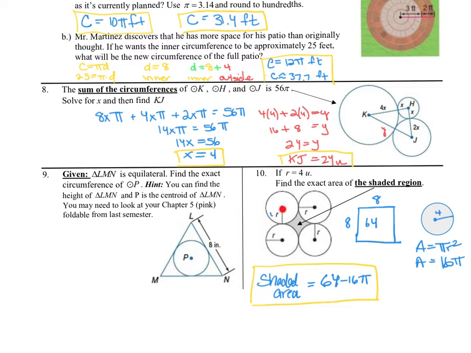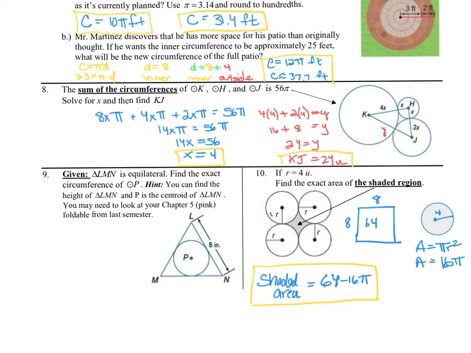Well, if I look at what's not shaded, this is a quarter of a circle, and this is a quarter of a circle, and this is a quarter of a circle, and this is a quarter of a circle. So altogether, these 1, 2, 3, 4 pieces make up a circle. And the area of that circle, where the radius is 4, the radius squared is 16, is going to be 16 pi.